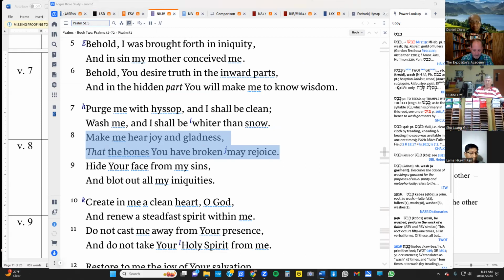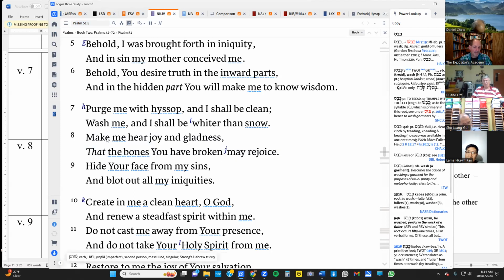So this one, even the translations are a little bit challenged by what to do with that. And again, when we diagram, there is some interpretive aspect here.